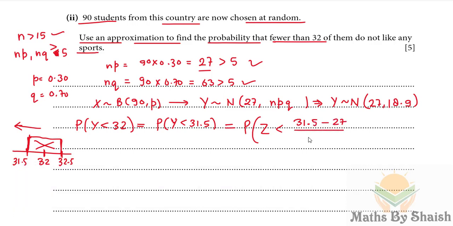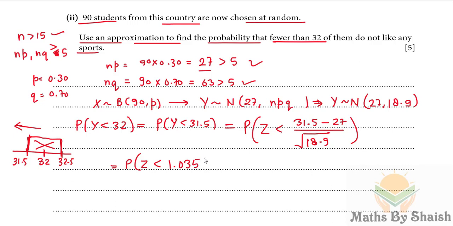Sigma means square root of variance, that is square root of 18.9, and we can calculate from the calculator. This value is coming 1.035 till 3 decimal places.